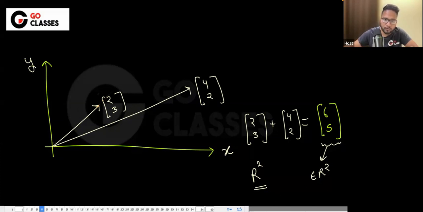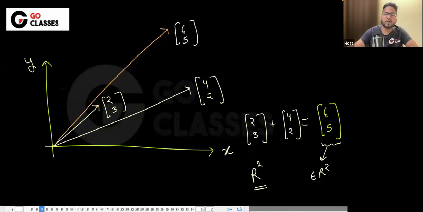You can draw 6 5 also. Is this fine to everyone? Now this is 6 5, which is also in R2. So what I'm saying here is that you have two vectors in R2, and then you did addition of them, and whatever you are getting is also in R2.